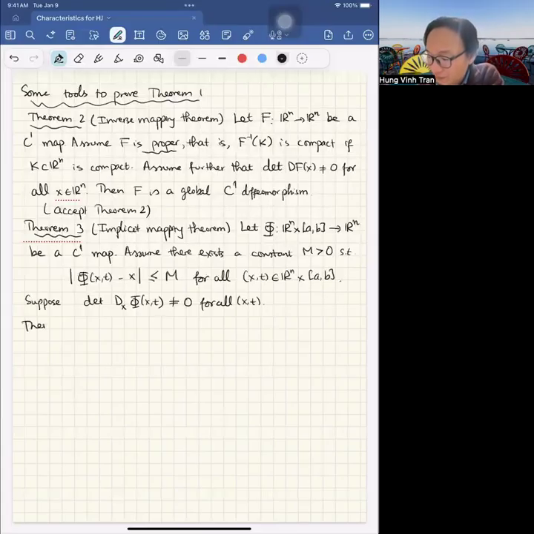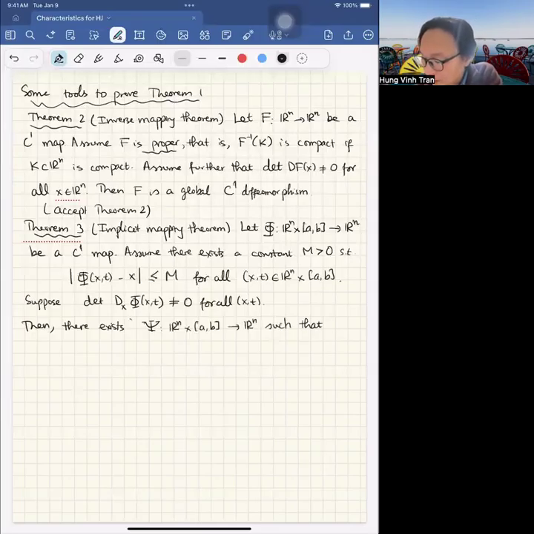Then there exists a map C, capital C corresponding to capital phi, mapping from Rn cross AB to Rn, such that we would have a C1 map.